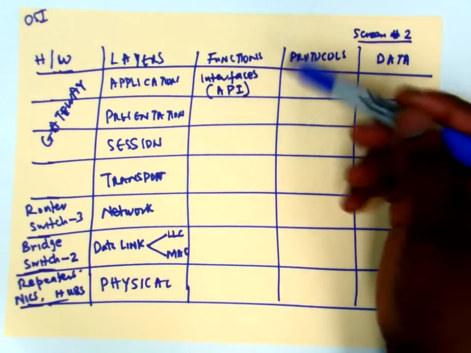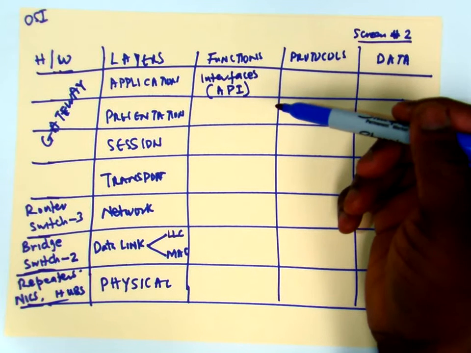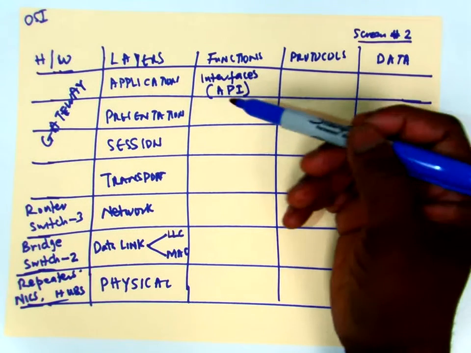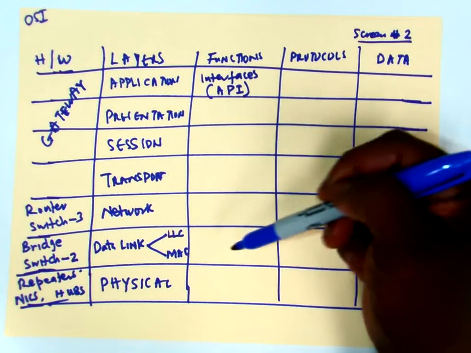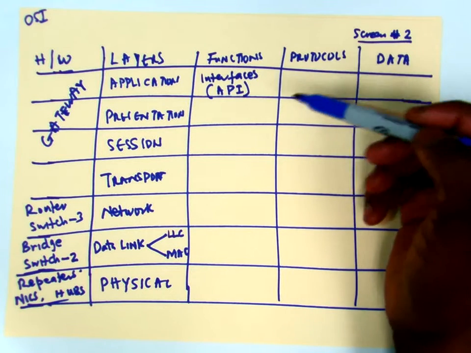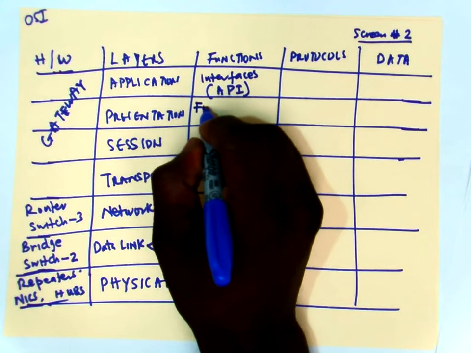Then, just like I told you in part 1, Sue is in Austin, Joe is in London. So when information gets from Sue to Joe, it has to be formatted in the computer which Joe uses. So we have formatting.